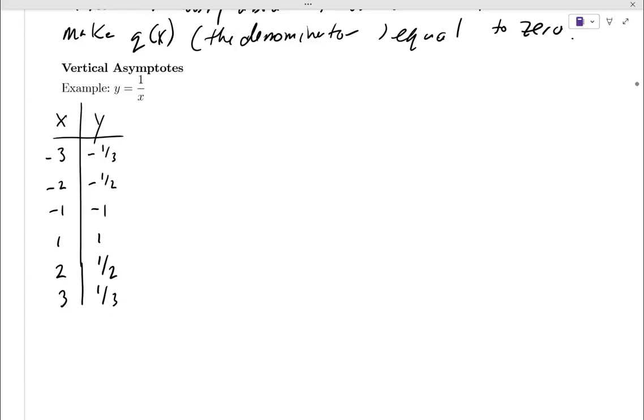That doesn't tell me a lot about what happened at 0, so let's put in a few other numbers and see if we can figure out what happens near 0. Let's say we wanted to put in things like -1/2, maybe -1/10, -1/100, and do the same thing on the other side, just without the negative signs.